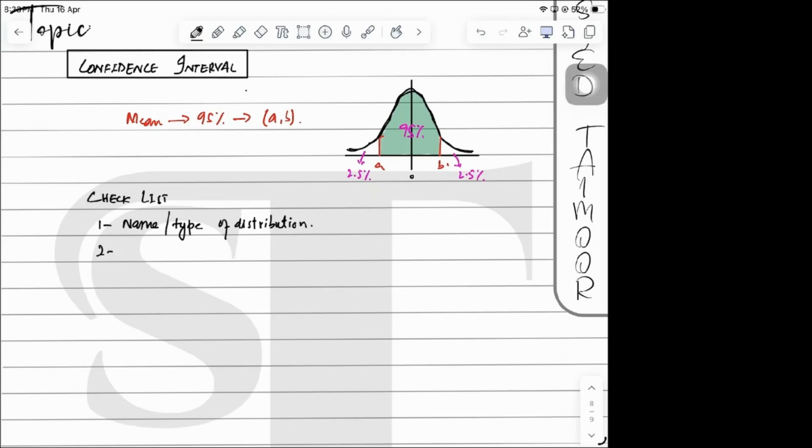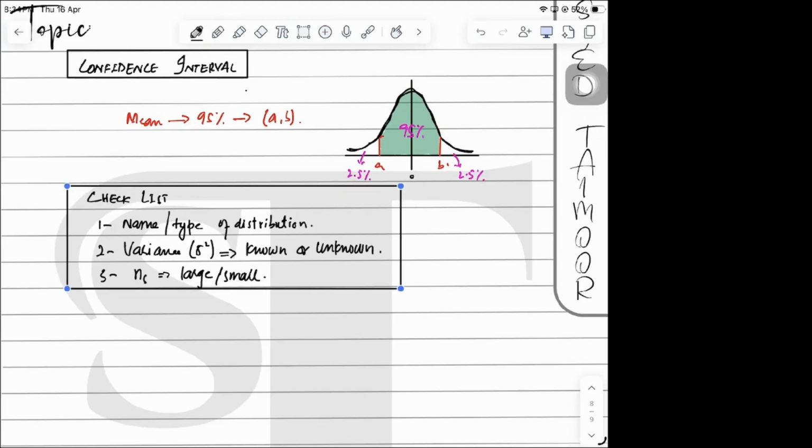The second thing is whether the variance of that population is known or unknown. And the third thing is the sample size, whether it is a large or a small sample.